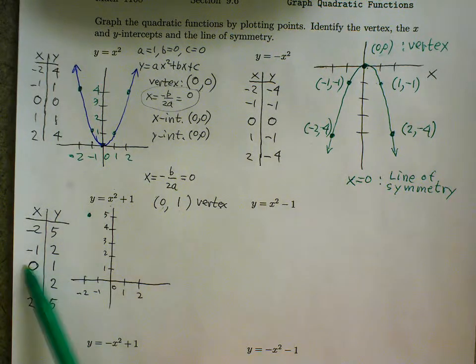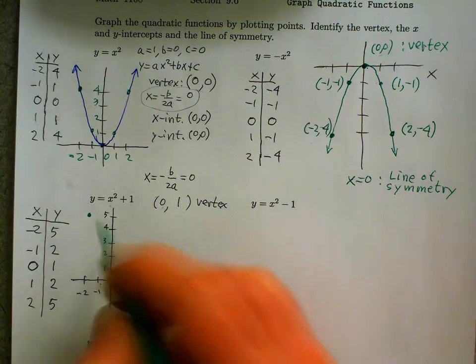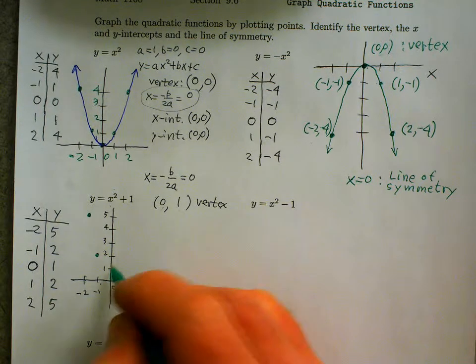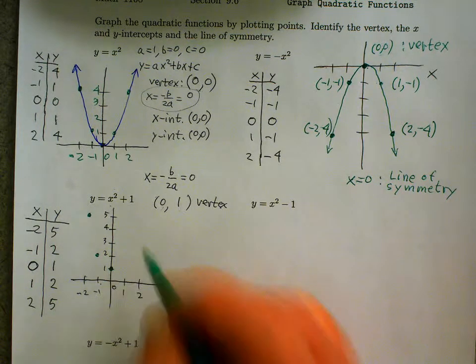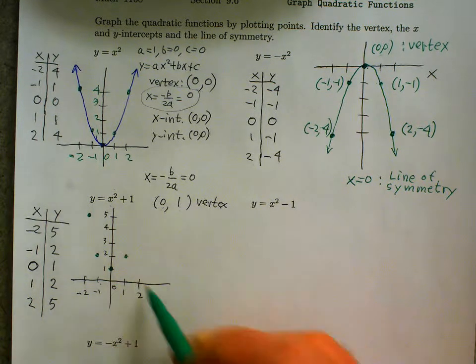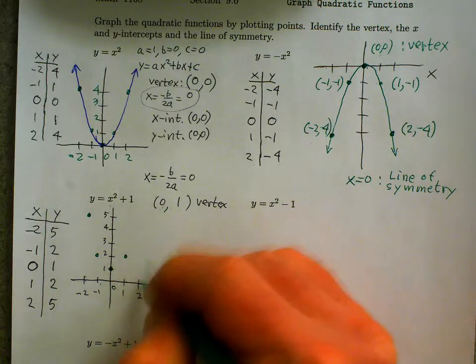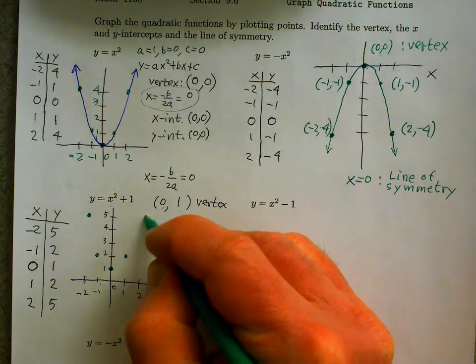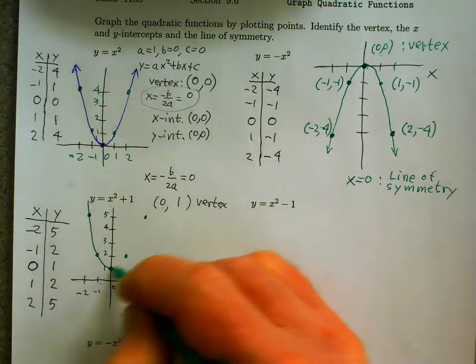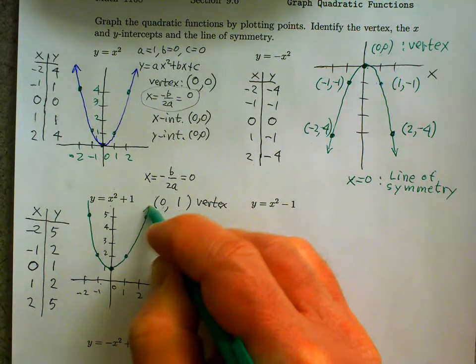The ordered pair negative 1, 2. The ordered pair 0, 1. The ordered pair 1, 2. And the ordered pair 2, 5. And then we can draw the parabola that goes to those points.